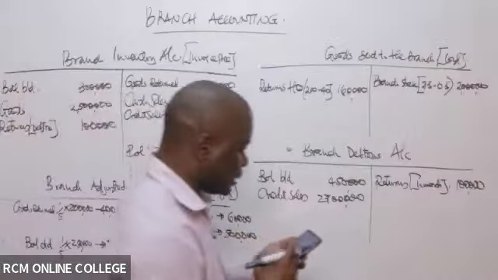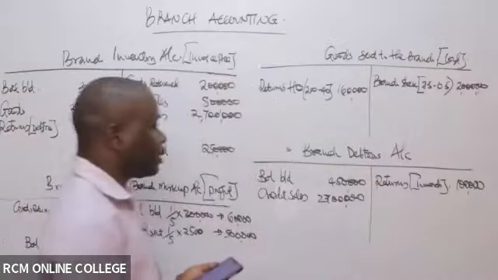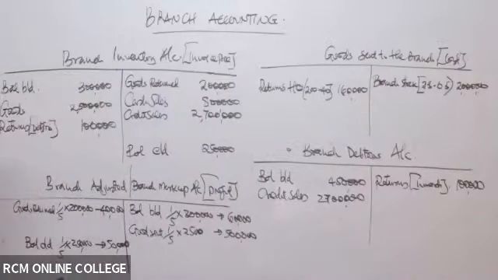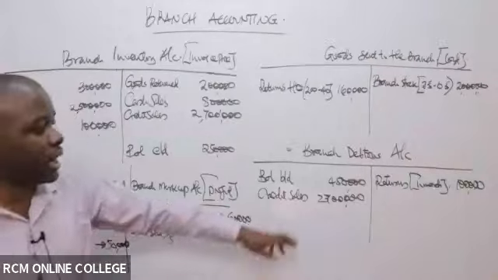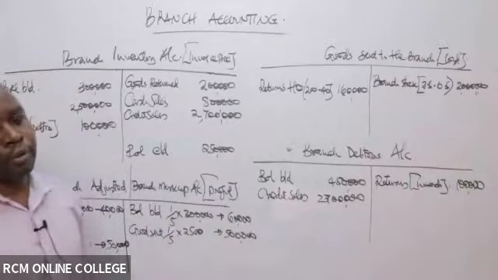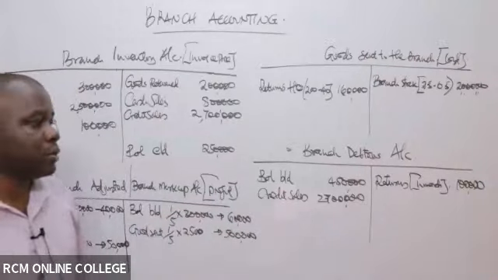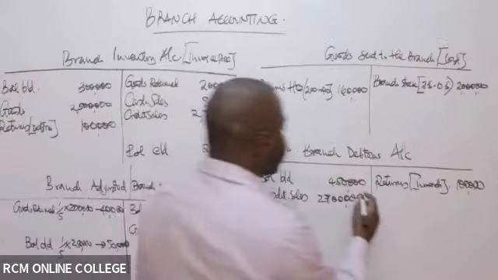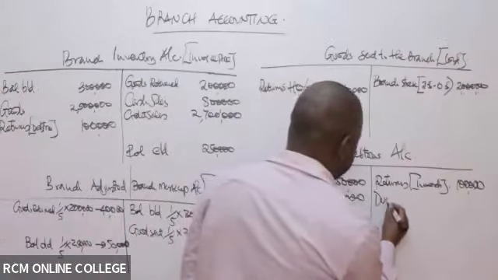Then in this case, discount allowed. Whenever you had sold some goods to your customers, if you allow the discount, it means you reduce the amount you are claiming from them. So the discount allowed here reduces your debtors amount.